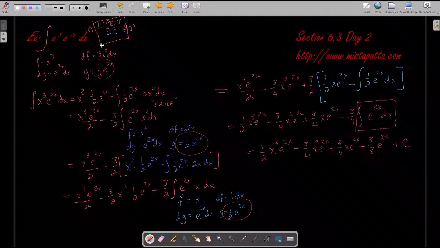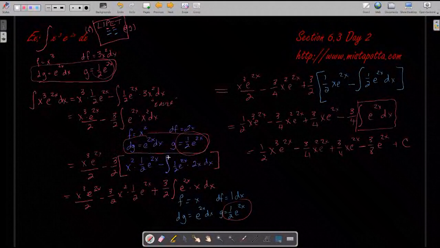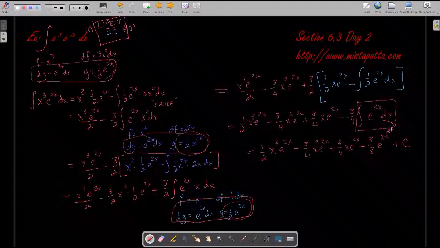And the nice thing about having dg be this exponential is as the degree of f decreased, dg stayed exactly the same. And so this part was the same once, twice, 3 times, and we actually used it a 4th time to get from here to here.